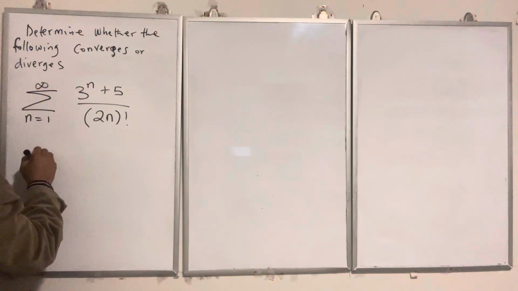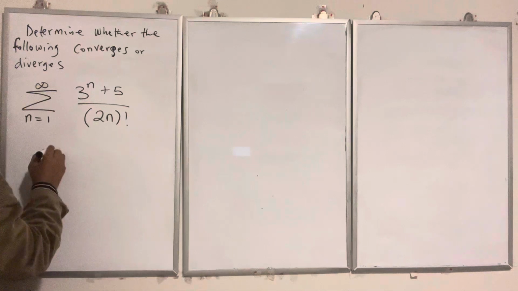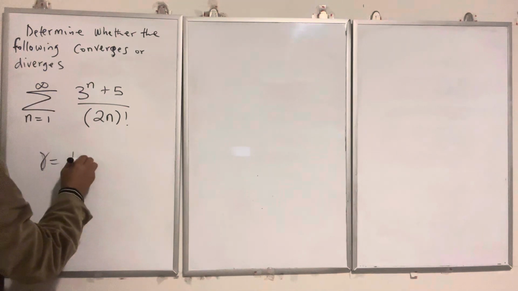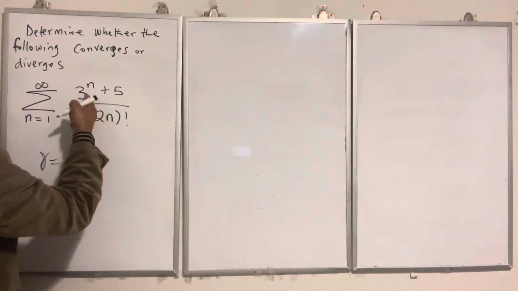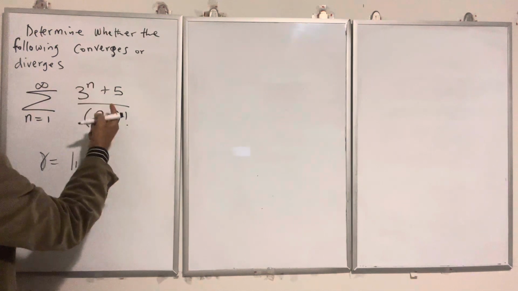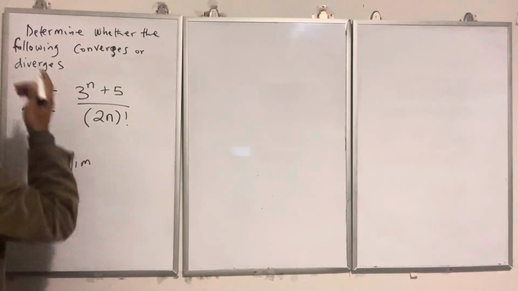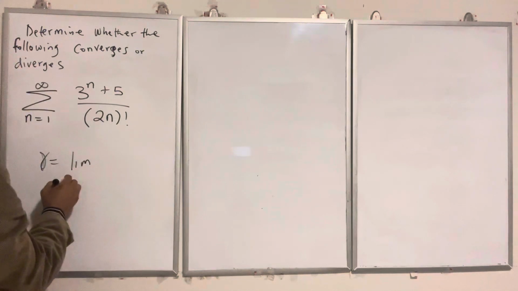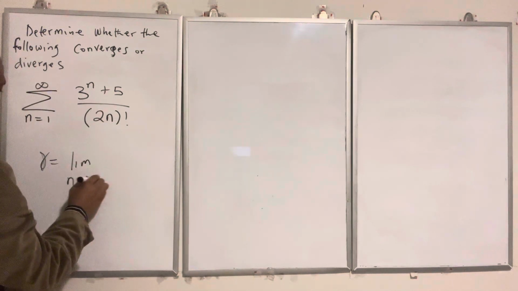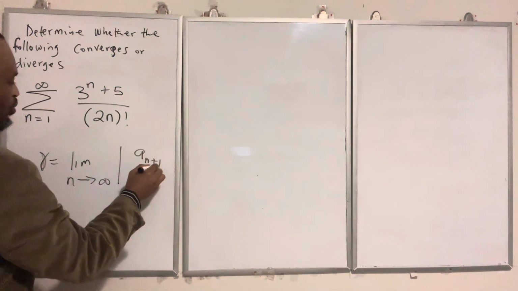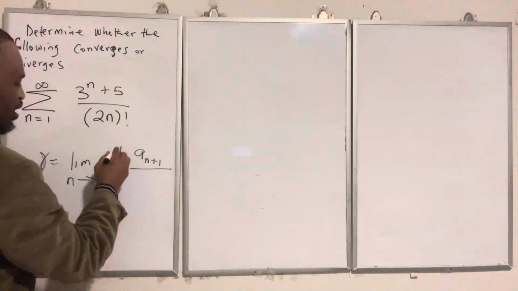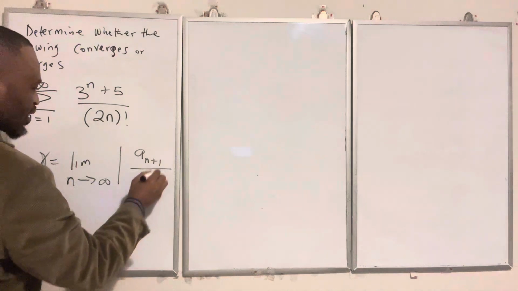So to find r, we take the limit as n goes to infinity of the absolute value of a(n+1) over a(n), since 2n factorial is here and 3 raised to n is here.